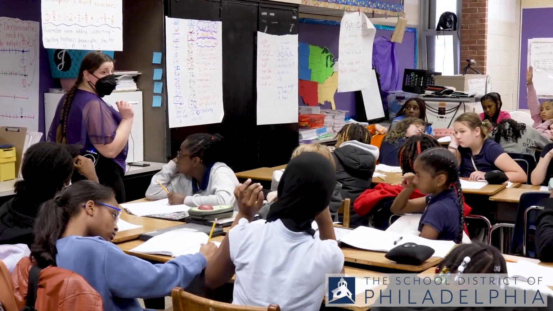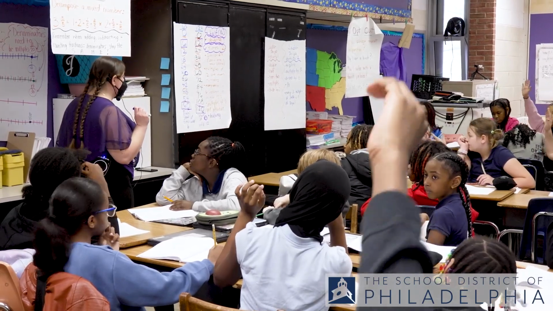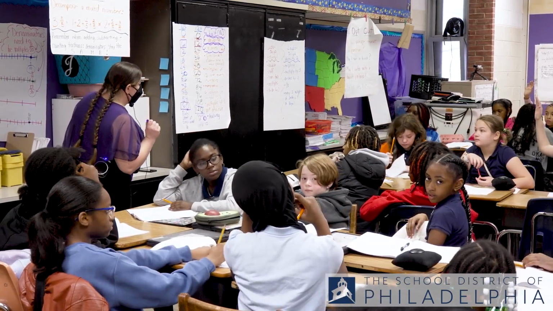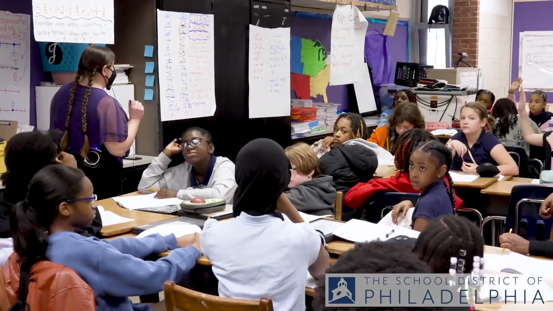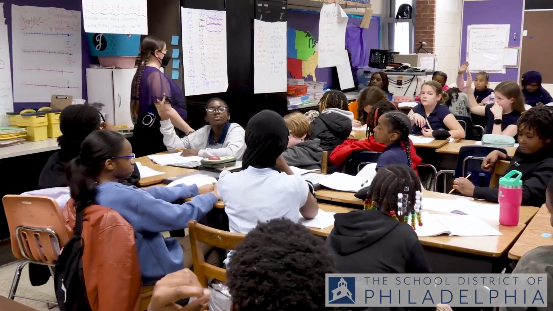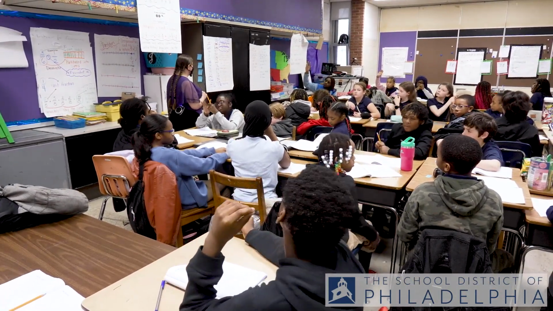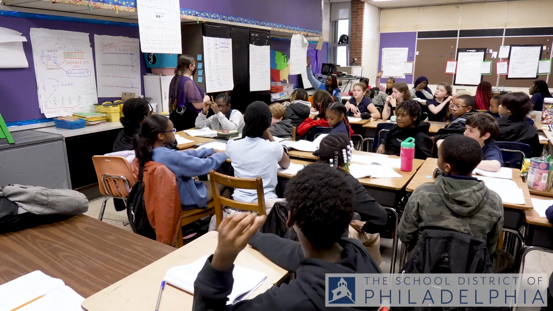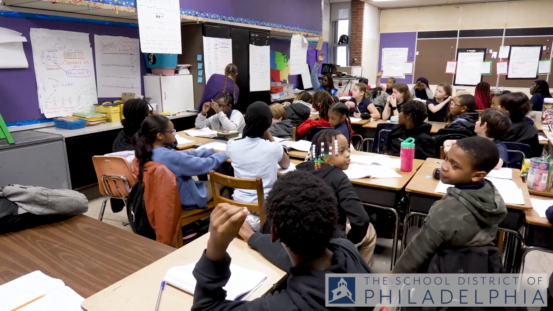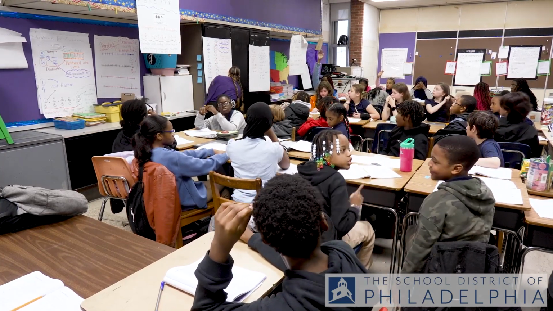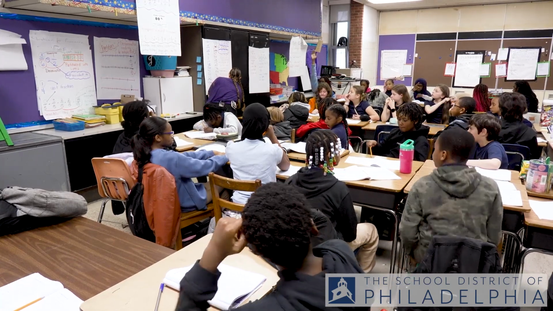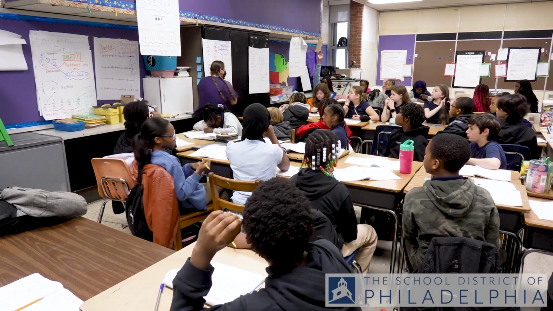Anybody else want to? Chris? So for the 12, it's twice as much. Oh, we don't have twice. We have doubling, but we don't have twice as much. I'm glad I called on Chris. I got a bonus up there.